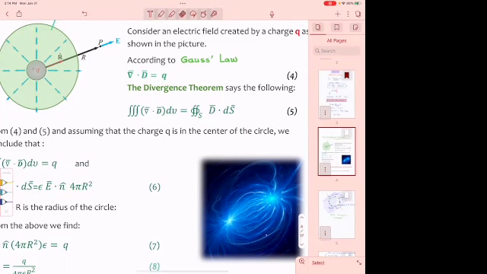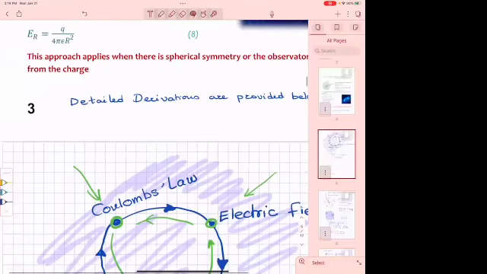It says that if I have a volume V within a space where I have an electric field and therefore an electric flux density, any volume in here, the volume integral of the divergence of that electric flux density is equal to the closed surface integral of this electric flux density. And then here we are describing it below.